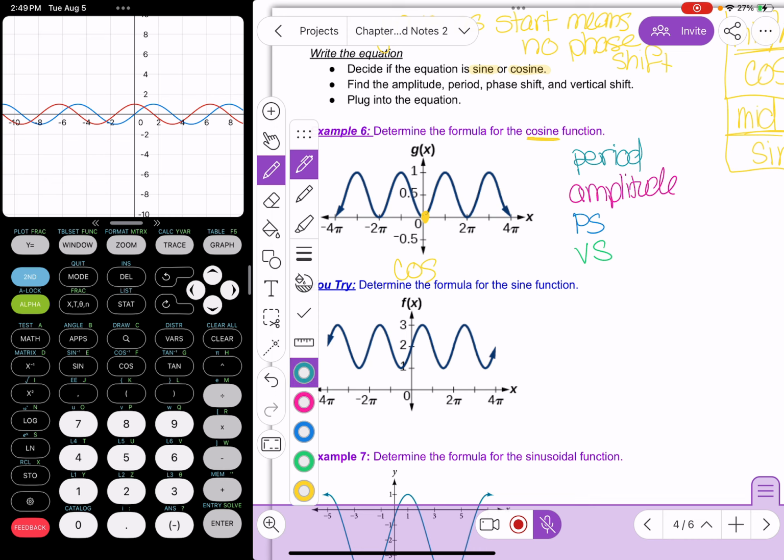For cosine, we do minimum to minimum or maximum to maximum. The minimum is here, the next minimum is here, and that's at 2 pi, which is the normal period. Since that's the normal period, we know we just put a regular x. There's no change. So after our cosine, we put x.